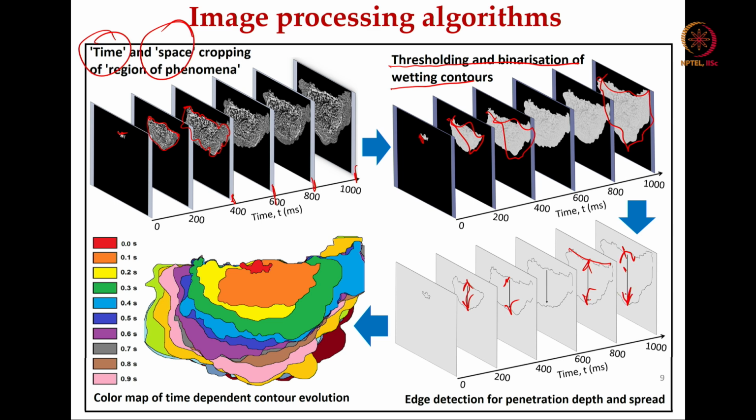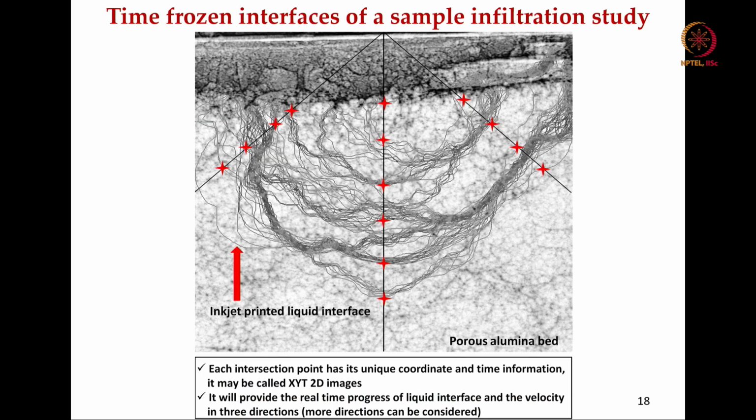That was important because as you measure this penetration depth and width as a function of time, you can make a color map for the time dependent contour evolution, and as a result you can feed this data into some of the analytical models. Some examples of these analytical models I will be showing you in the next couple of slides.